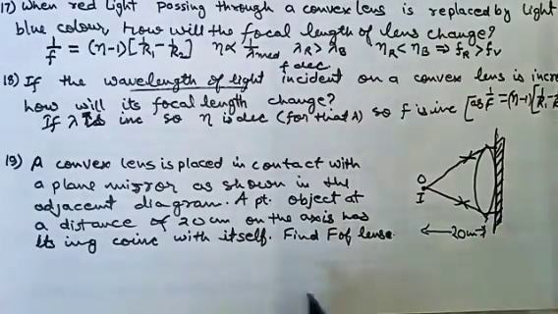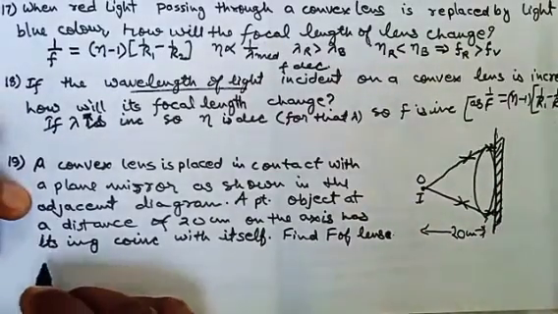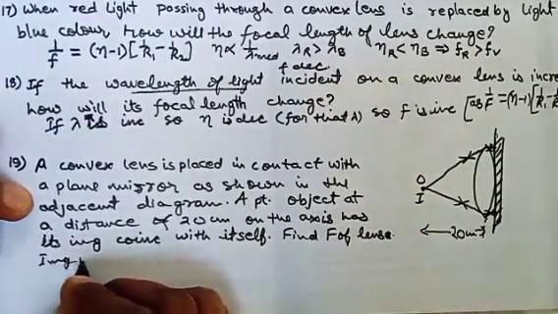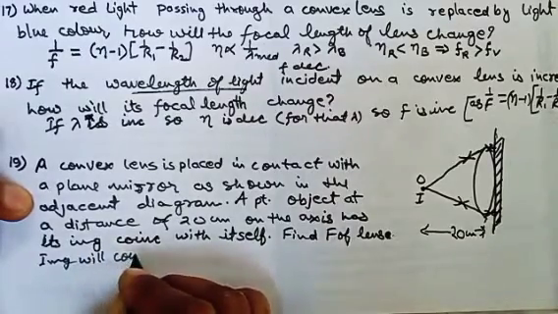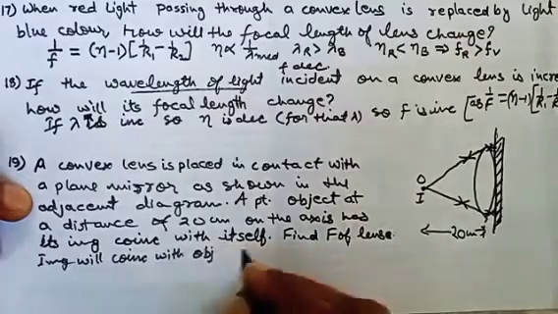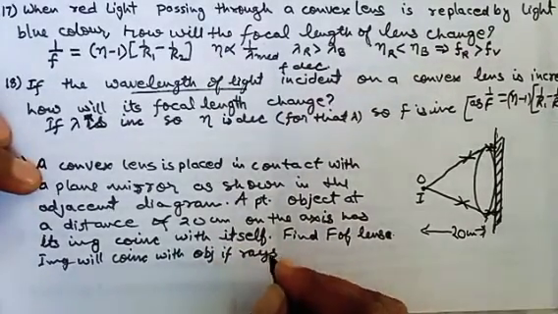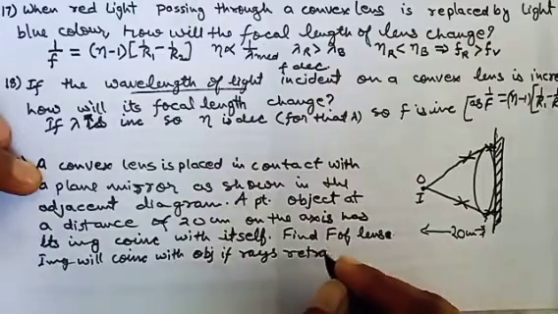So we can say image will coincide with object if rays retrace their path.